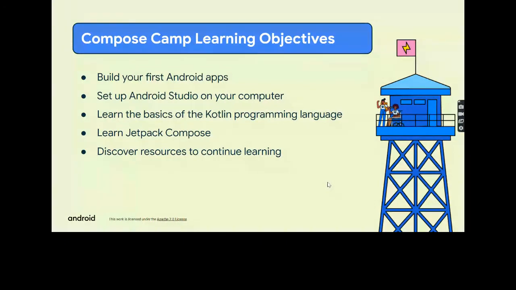You don't need to have knowledge of Kotlin entirely. You can understand them as you go through the courses. You can also learn about Jetpack Compose, the main theme here. And you'll be getting a lot of resources to continue learning after this Compose Camp, so that you can explore this field of Android.